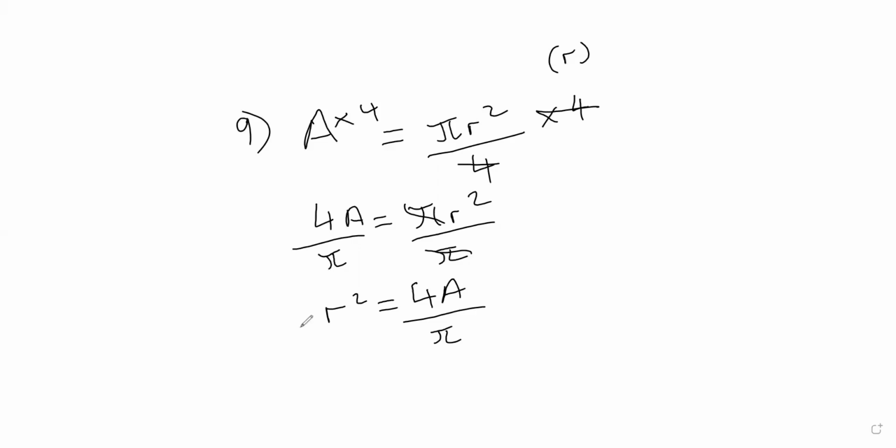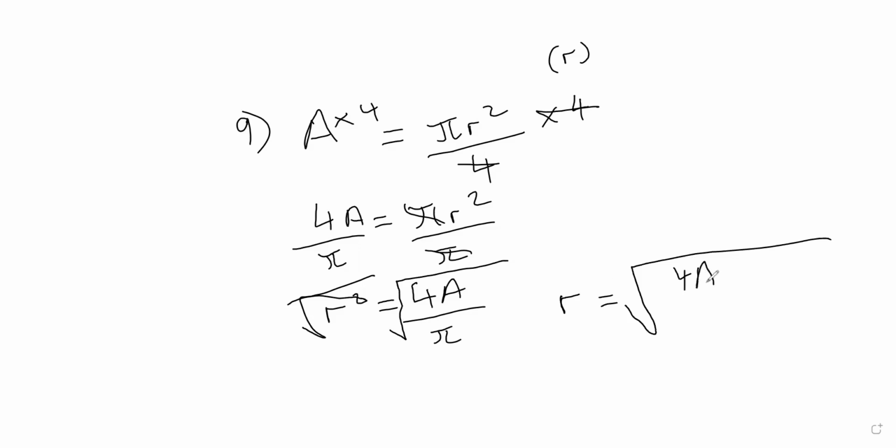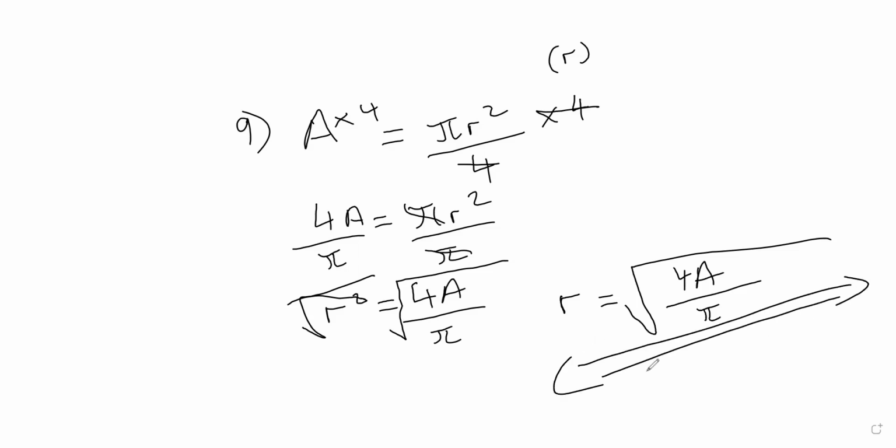So put the square root both sides, at which the square root will cancel this, and then our final answer becomes r is equals to square root of 4a over pi. So this becomes your final answer.